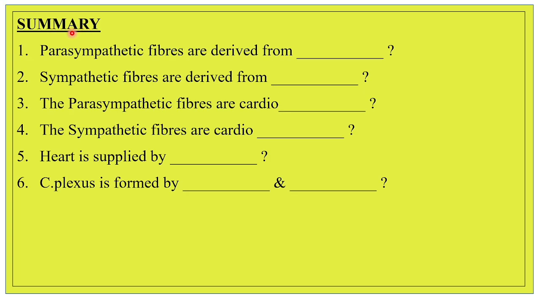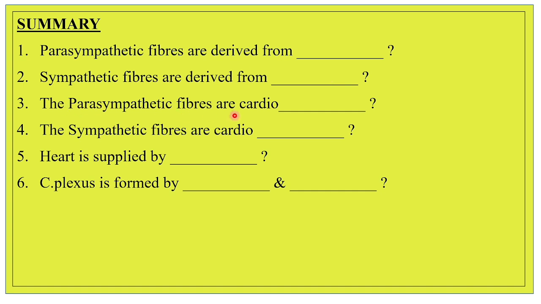Next is the summary, just a quick recap. The first question: parasympathetic fibers are derived from the vagus nerves, and sympathetic fibers are derived from the upper 3 to 5 thoracic segments.